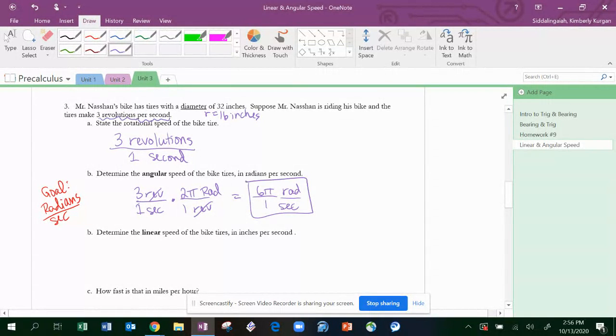You could think of it like this, or if you want to, you can take pi and multiply it by 6, which is going to get you 18.85, it looks like, if we're rounding properly, radians per second.